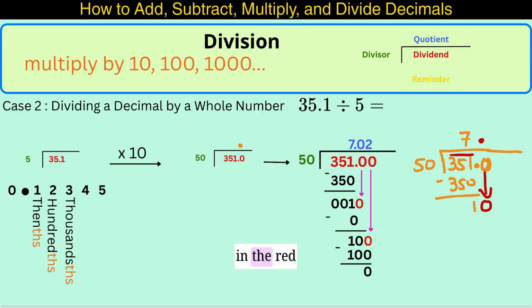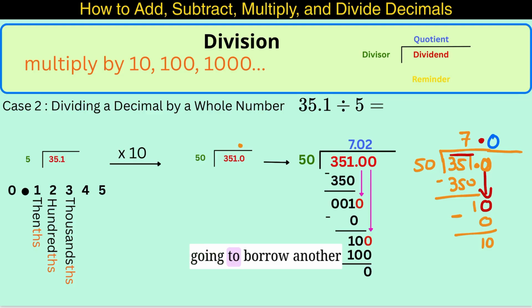Let me do it in red so you guys can remember it. So 0. Then I will perform the regular steps of long division. 0 times 50 is 0. So I'm going to put 0 in here. Then subtraction. 10 minus 0 is 10.